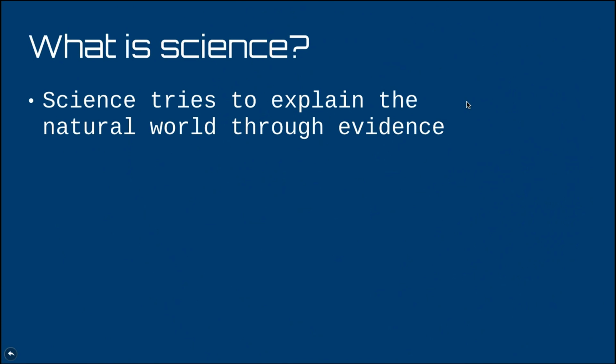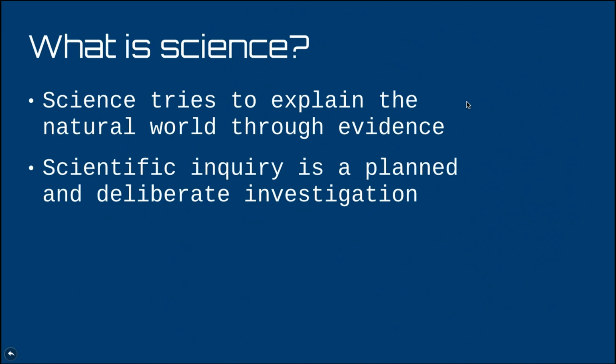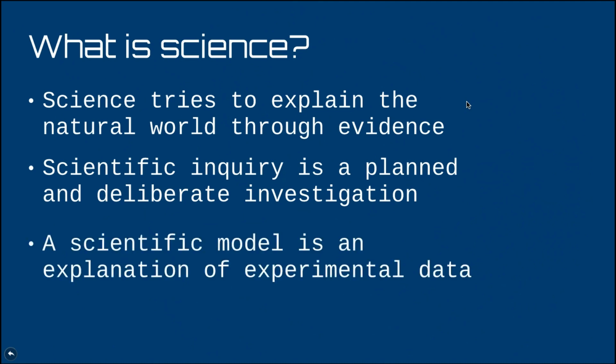So we conduct experiments, we collect information, and we use that as evidence to explain the events that happen around us. That's usually done through scientific inquiry, and remember that it's a planned and deliberate investigation. We have to set out to find out all these things. And finally, we can put all that information together and make models to help us explain things that we learn.